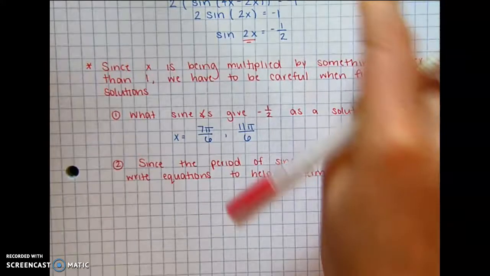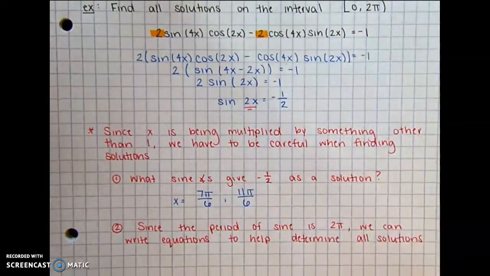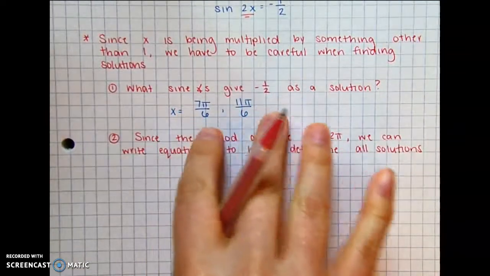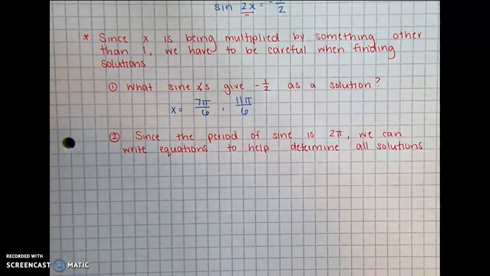And I know we're still going to follow the interval, right? But these aren't going to be the actual angles. So what we're going to do is write our equations.